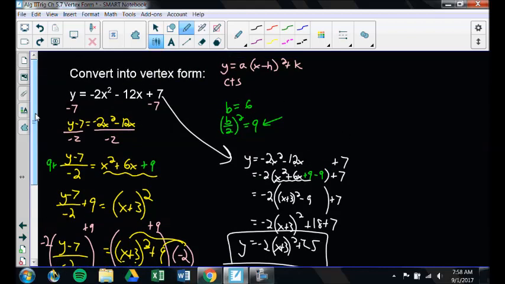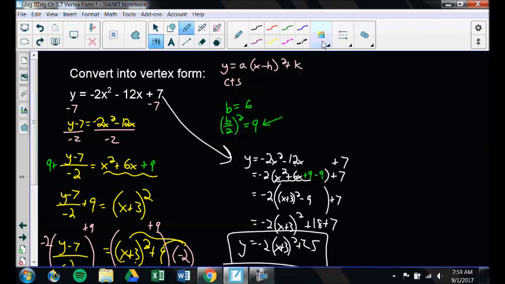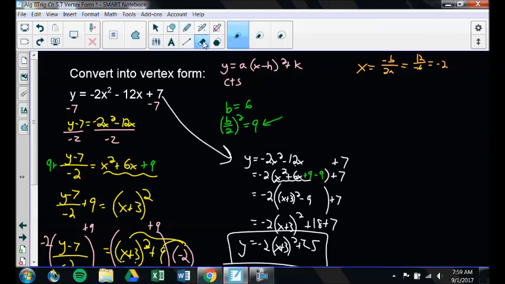But here's something that no one ever talks about. And I don't understand why. And every year that I've taught this, I've thought, why don't students just do this? If our goal is to just get into vertex form, we can also just find the vertex by doing -b over 2a, which in this case is 12 over -4, which is -3.